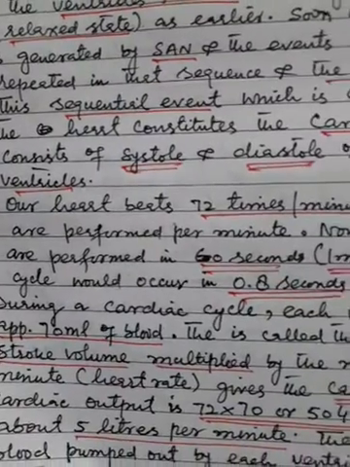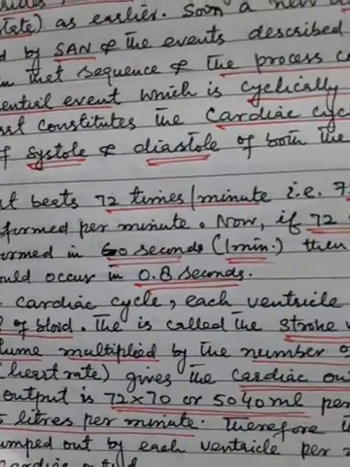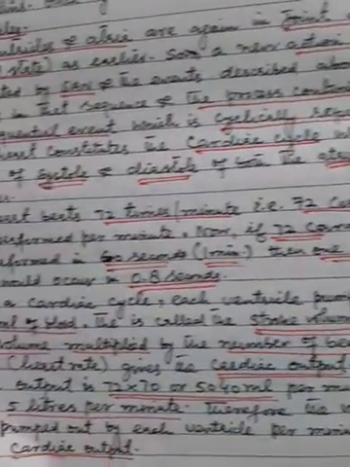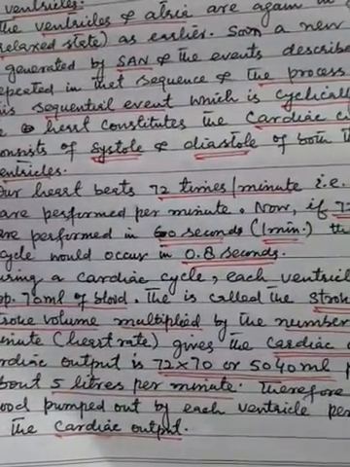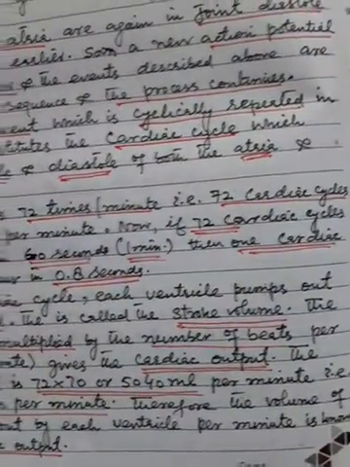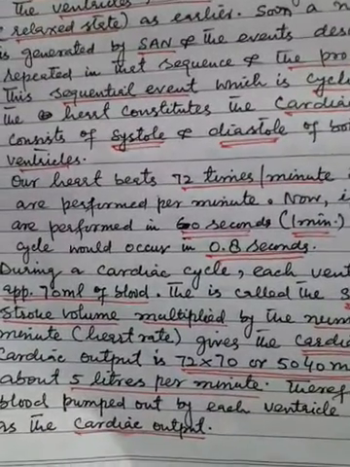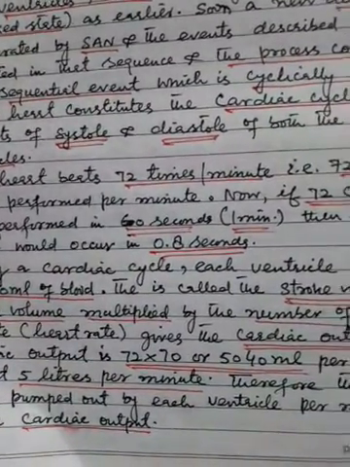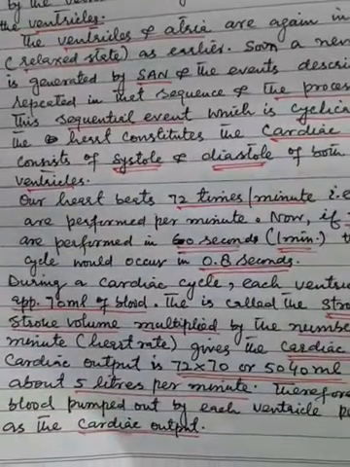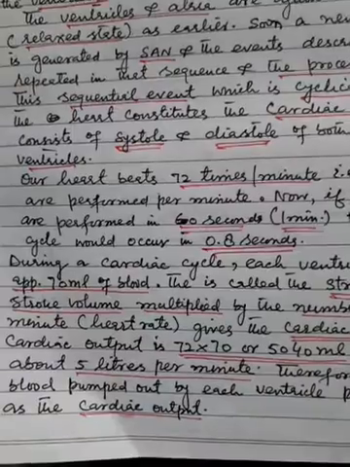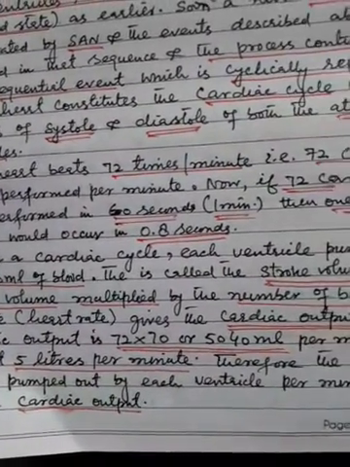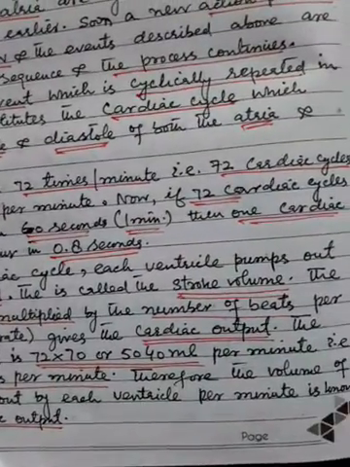Our heart beats 72 times per minute, that is 72 cardiac cycles are performed per minute. Now, if 72 cardiac cycles are performed in 60 seconds, that is 1 minute, then one cardiac cycle would occur in 0.8 seconds.